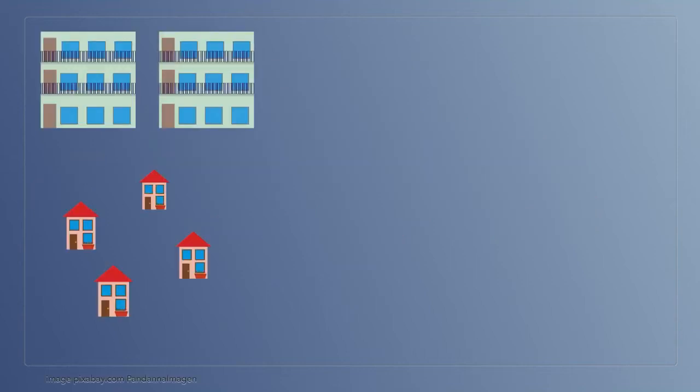I'll explain how Congress works with an example of a town. The town has apartments that have a lot of families in them, and it has houses that have one family in each house.